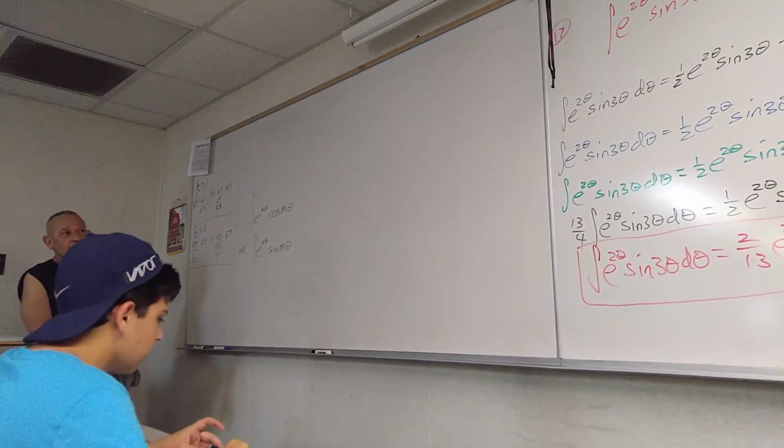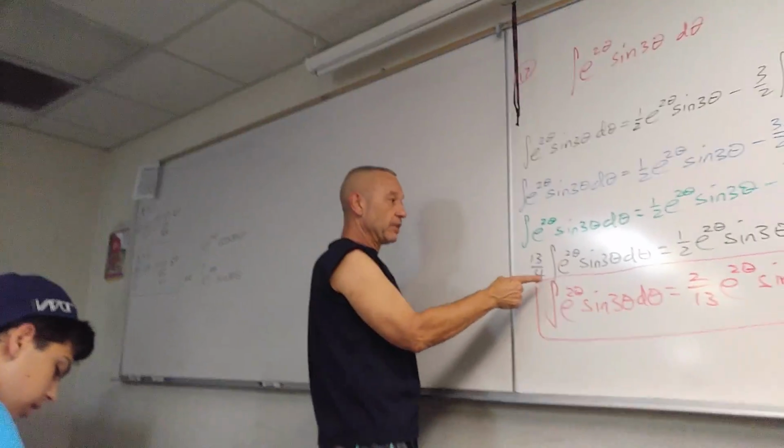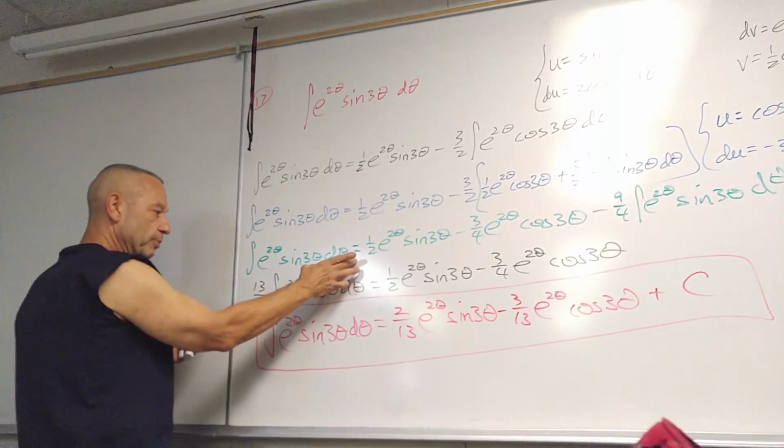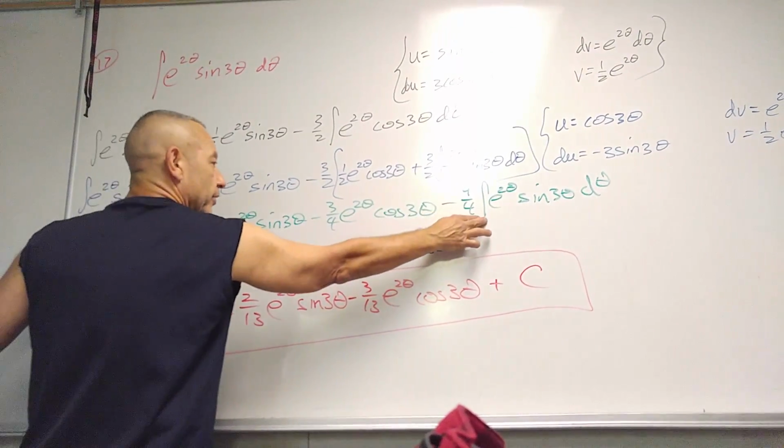Wait, what did you do on the black? The first part or the second? The last, yeah. Down here? Yeah, the black. You mean how did I go from green to black or black to red? Green to black. I added this over here.